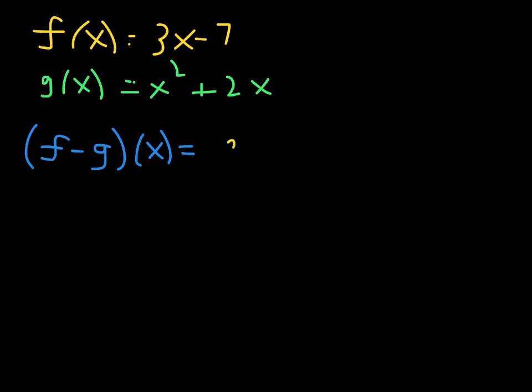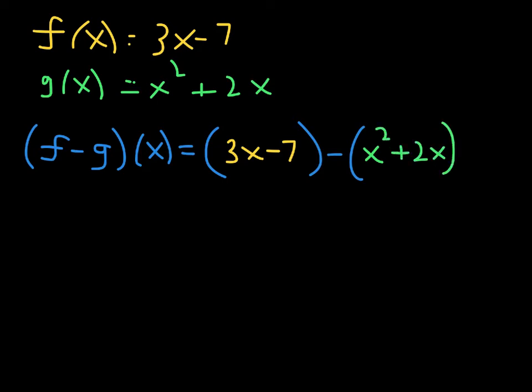It's 3x minus 7. And what we need to do is subtract from this function, function g. So let me see if I can show you. What we want to do is minus or subtract g of x, which is x squared plus 2x. Please notice my use of parentheses here.